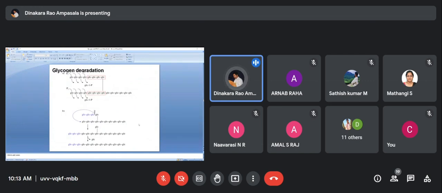So here you can see how glucose molecules are removed from each branch in the presence of glycogen phosphorylase. All branches where a non-reducing end is present will be acted on by this enzyme.